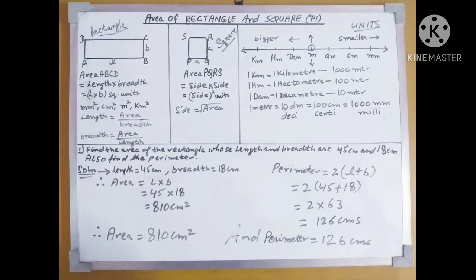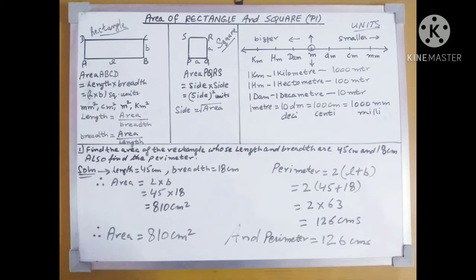Now why do we say square units? Because length will be in meters, breadth will also be in meters. We will get meter square. If length is in centimeter, breadth is in centimeter, we again get centimeter square. Same way we can have millimeter square or kilometer square. That's why we write square units, right? So area is always calculated in square units.